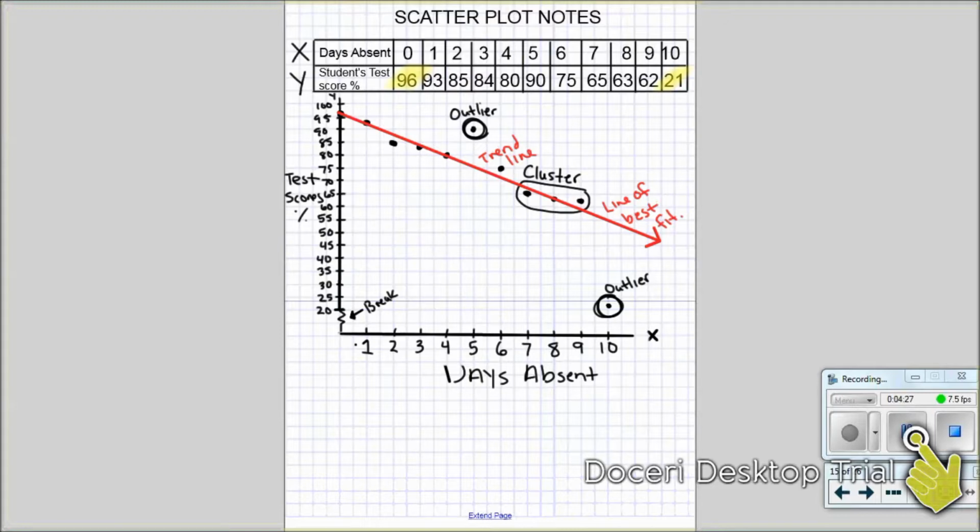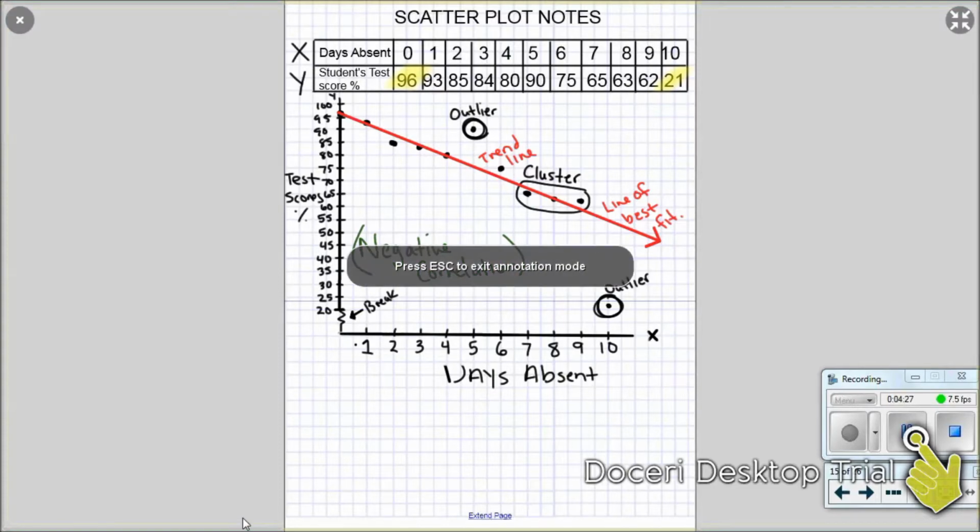I want you to find a little gap somewhere where you don't have writing, and we would say this is a negative correlation. And we can see that on the graph because our line of best fit, or our trend line, starts up top and then goes down. So we can see that it's a negative correlation.